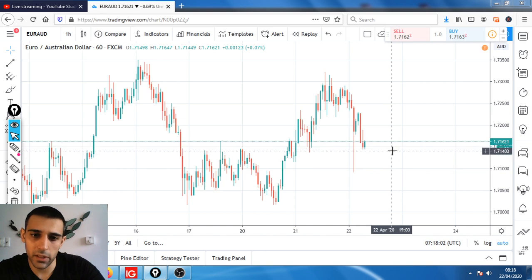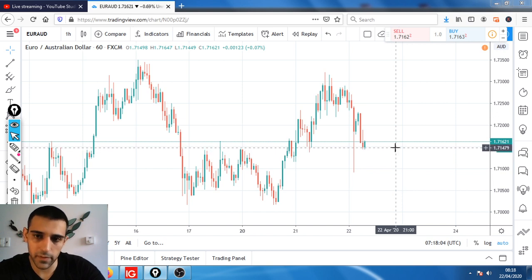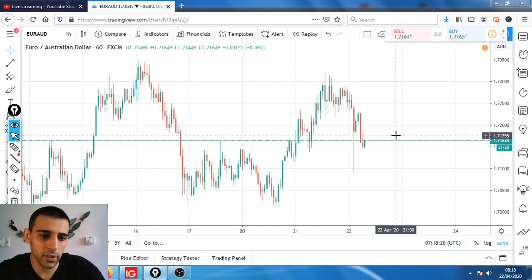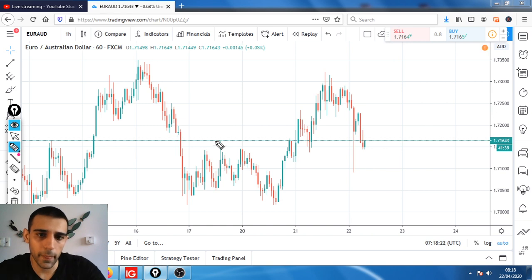Yeah, and then we're gonna run it. So let's say if we get in at 170.150, of course it's not an exact science, just an estimate, then we're gonna look for a 20 to 25 pip stop loss. You can get away with it. It's gonna go above these highs here, which is pretty good, and also above this high.